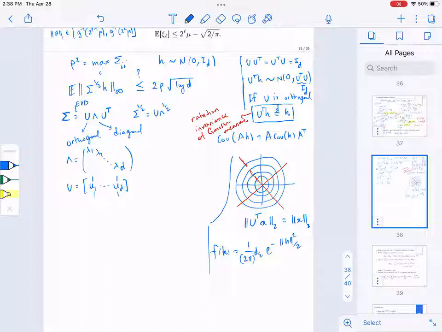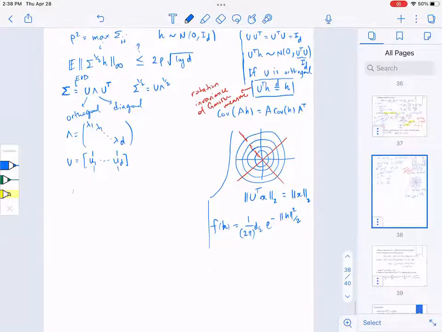You can define a square root to be any matrix A such that A A transpose is sigma. Then there are many choices. This satisfies it, because if I transpose it, I get lambda 1/2 U transpose, and then we get this.